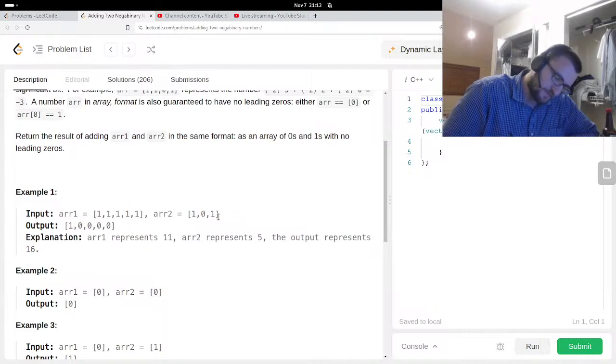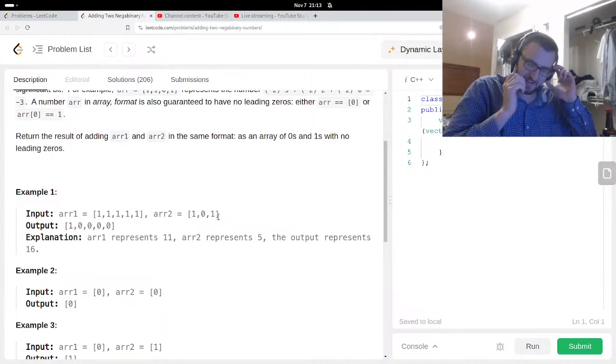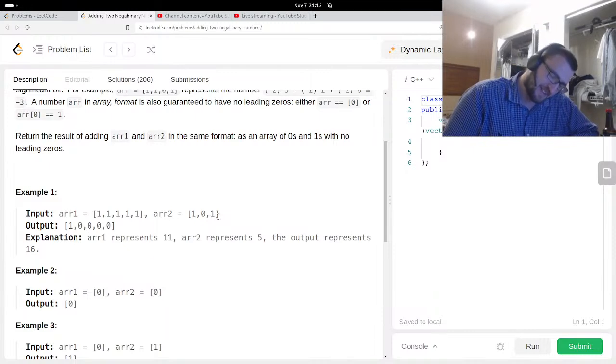If you have 1 times -2 raised to the I plus -1 times -2 raised to the I, that is 0 times -2 raised to the I, which is 0. Okay. Well, that's confusing. Gee, okay. I mean, it kind of makes sense.